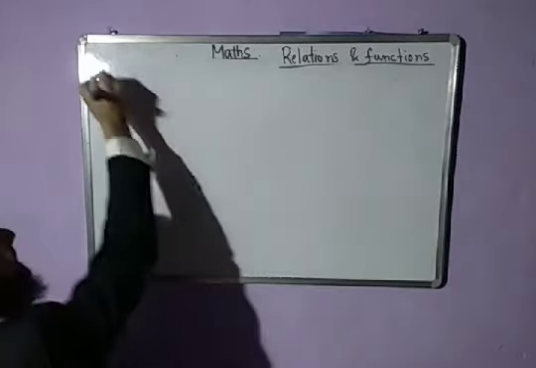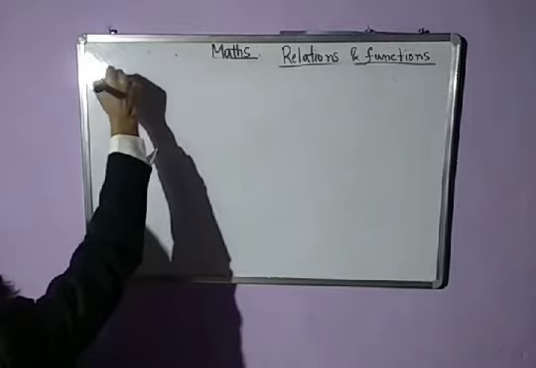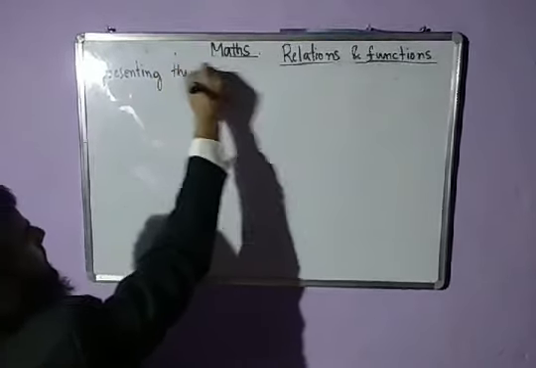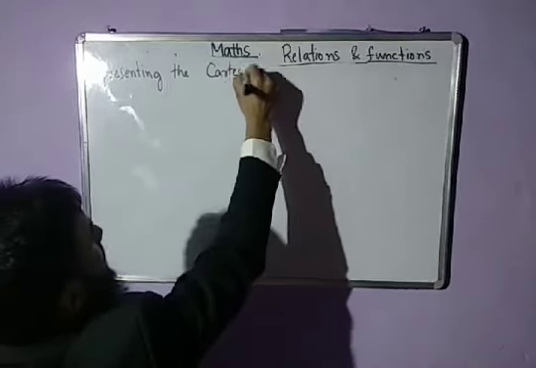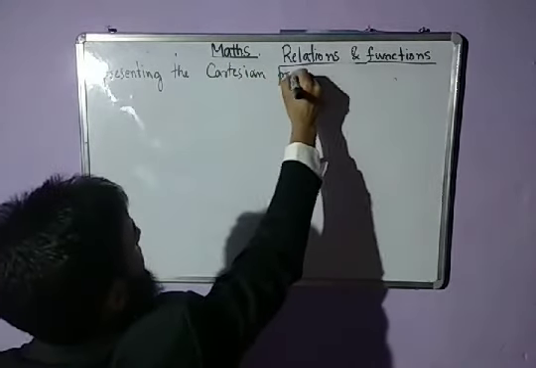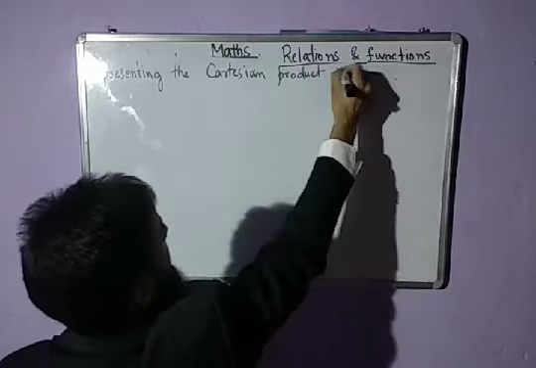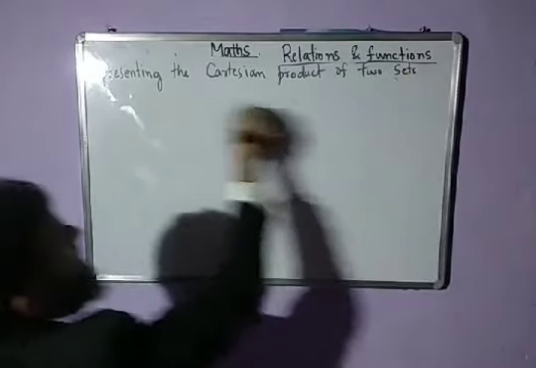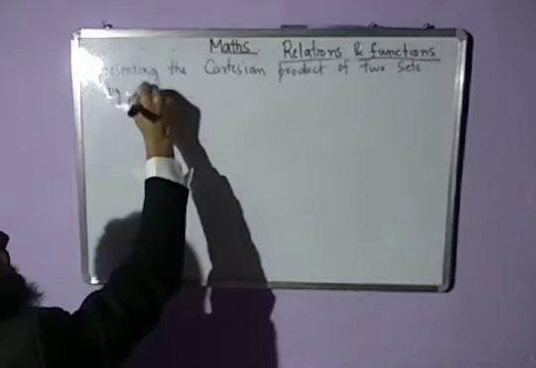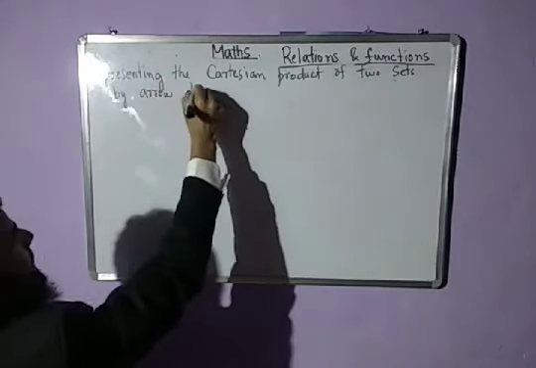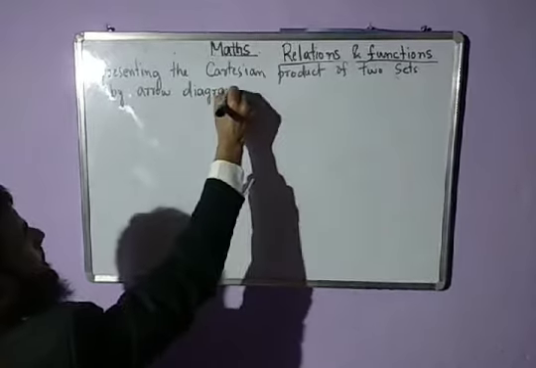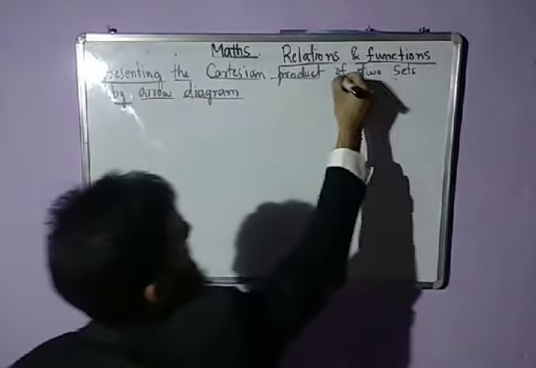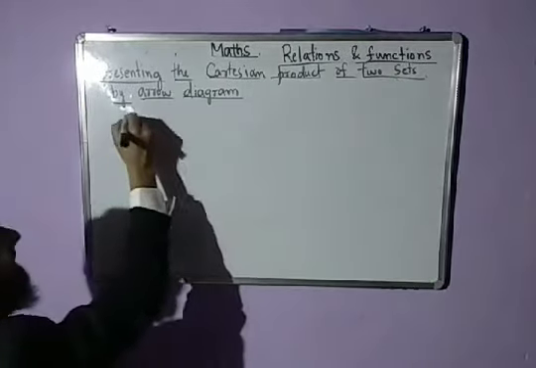So I will write here: representing the Cartesian product of two sets by arrow diagram. Okay, let's see an example.